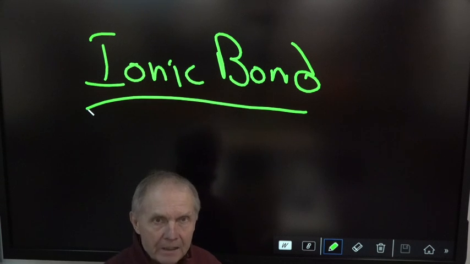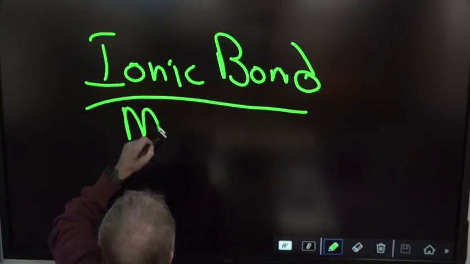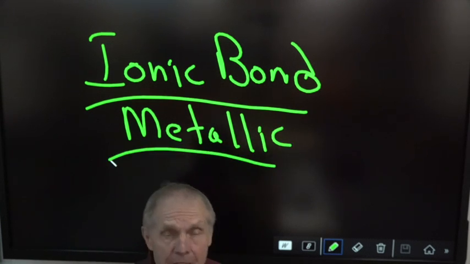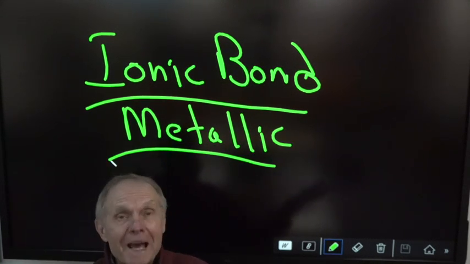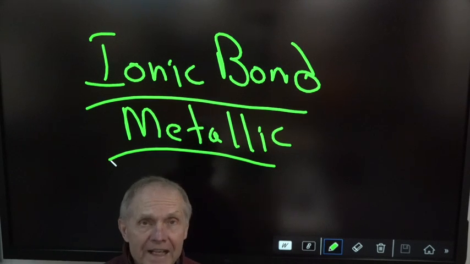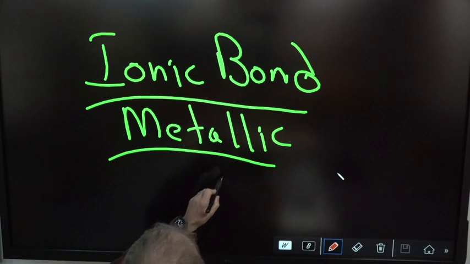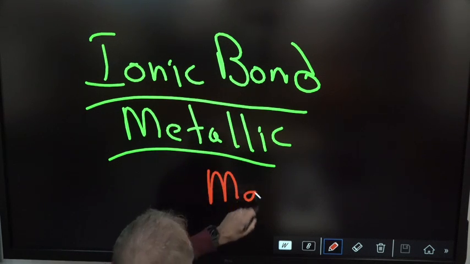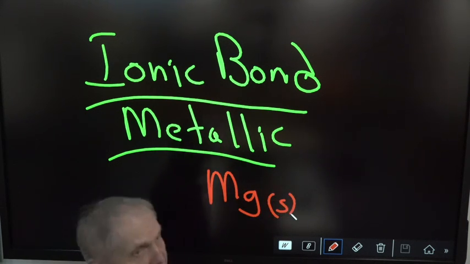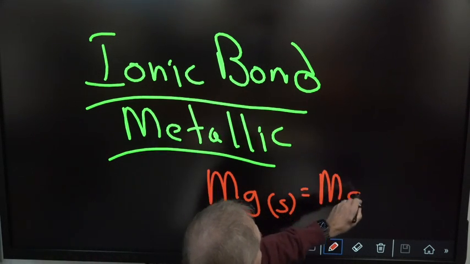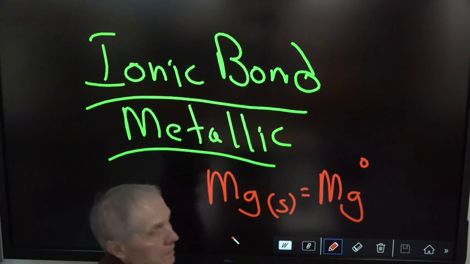The next bond is this: a metallic bond. It's just a metal. It's not hooked to anything. So it looks like this. It could be Mg with an S there for solid, or, same thing, Mg with a neutral sign up there.